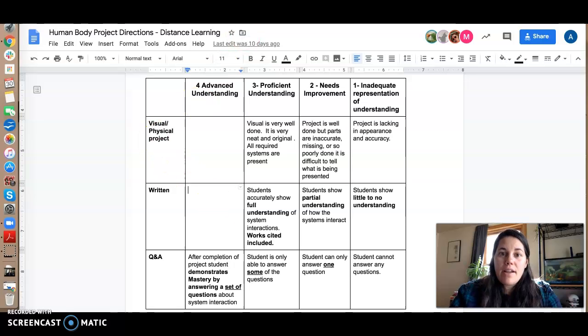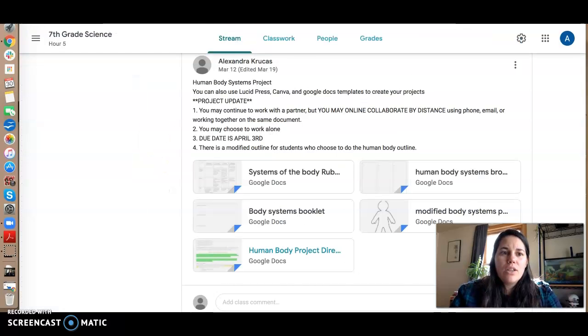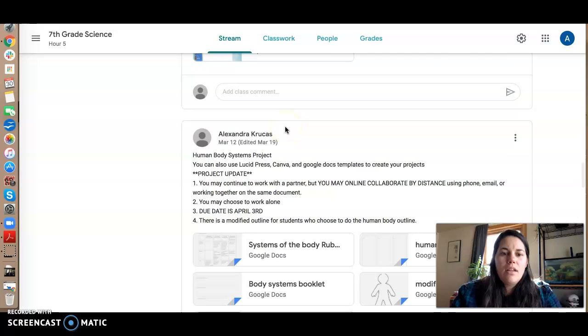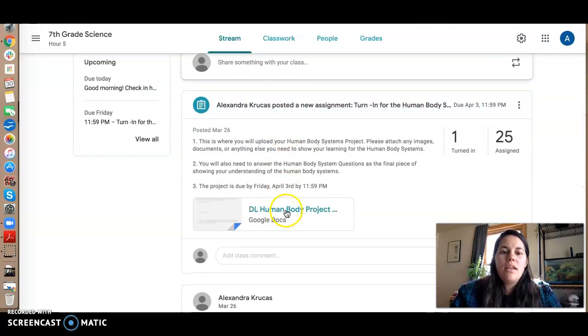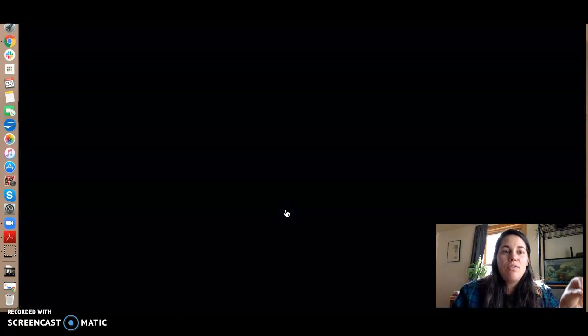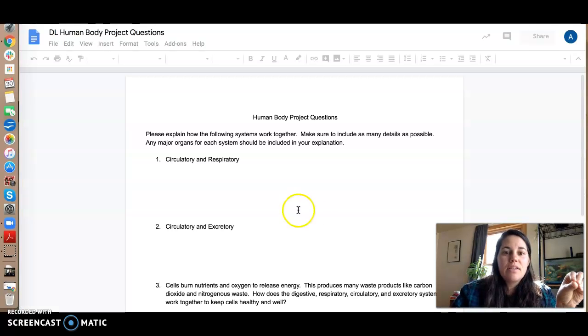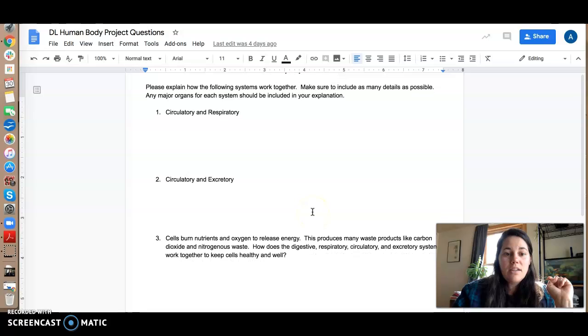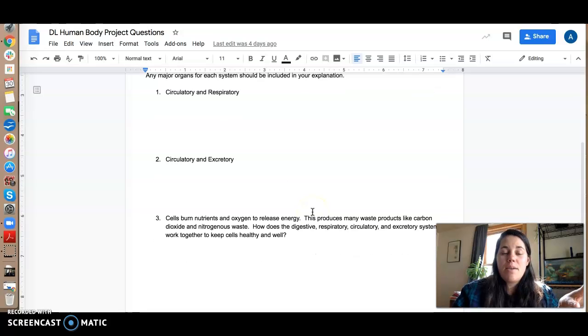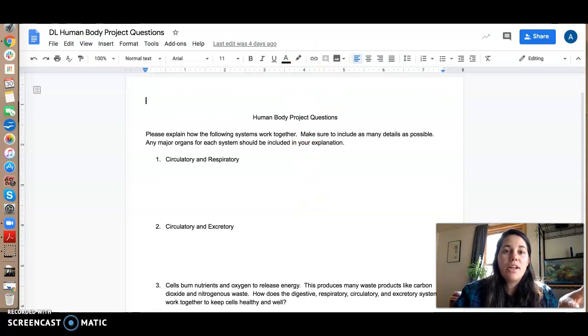So let's go back and take a look at that really quick. That's found in that turn-in page. Every single kid has a copy of this specific to you, and you alone will work on this. So you're just supposed to type in this document and turn it in when you're done.